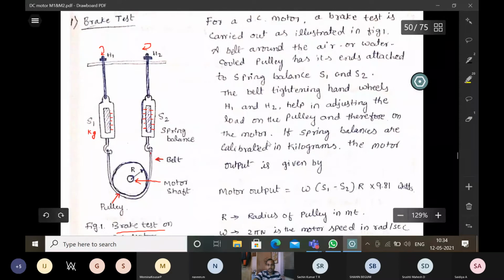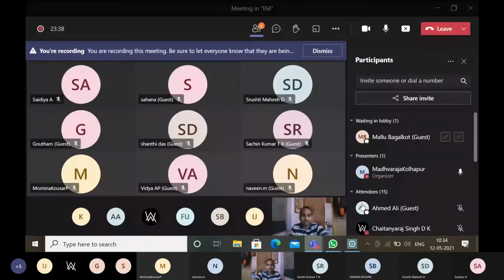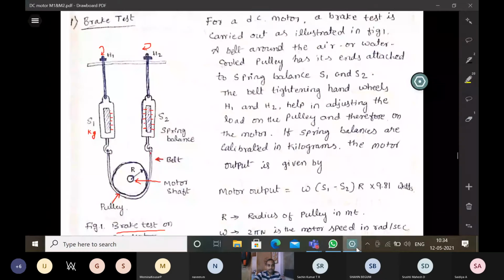The spring balances are calibrated in kilograms, so the motor output can be calculated.